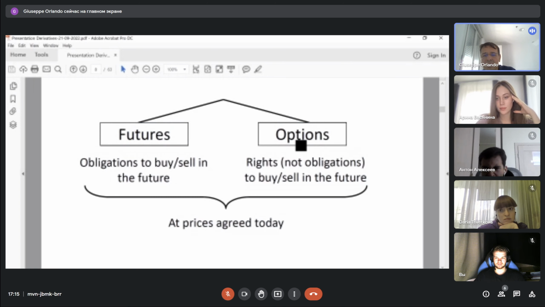Regarding the option, you have no obligation, but you have the right to sell or buy. In this case, you are forced to execute the contract. In this case, you are not forced, and the one that is buying the option can exercise it or not.